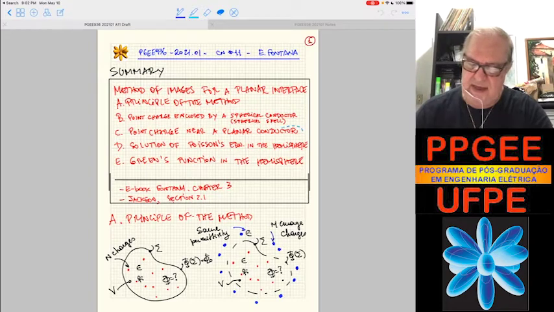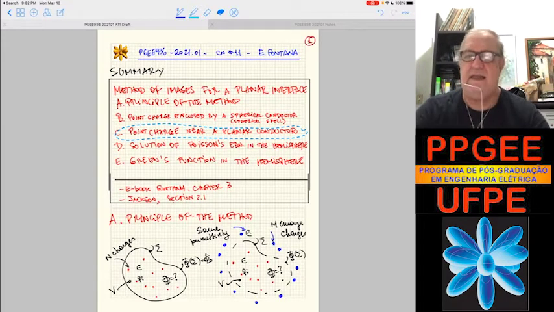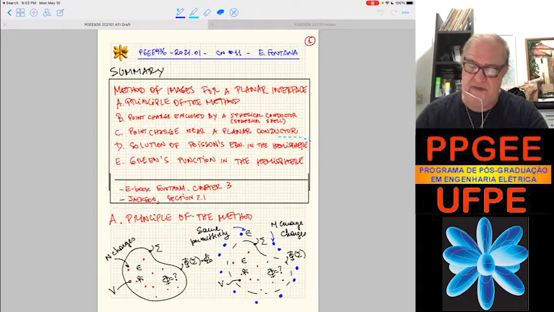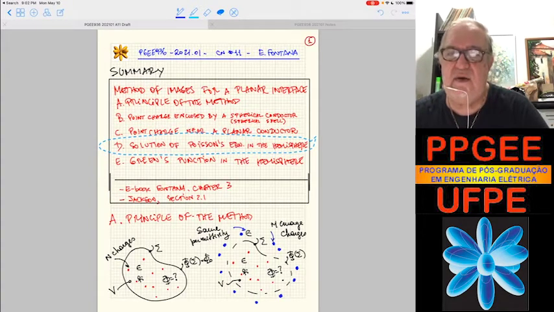So after we do that, we are going to explore the method for the case of a point charge nearby a planar conductor, and then we are going to show how to determine the solution of Poisson's equation in the hemisphere based on the solution of a point charge.